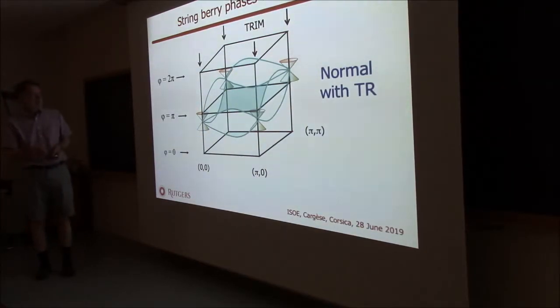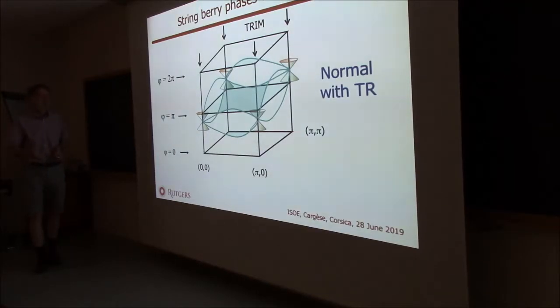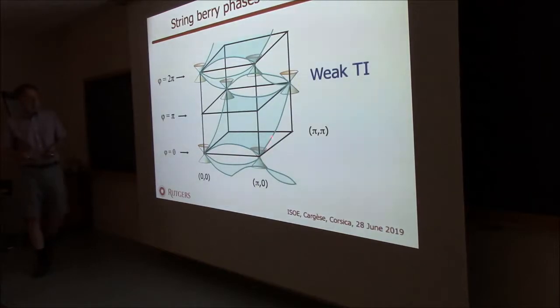So in a topologically normal 3-dimensional insulator, the bands would all look something like this, and there might be multiple bands stacked up in the vertical direction, but they all connect to themselves in a trivial way. If they start to connect to partners in a non-trivial way, then you start to get some topology.